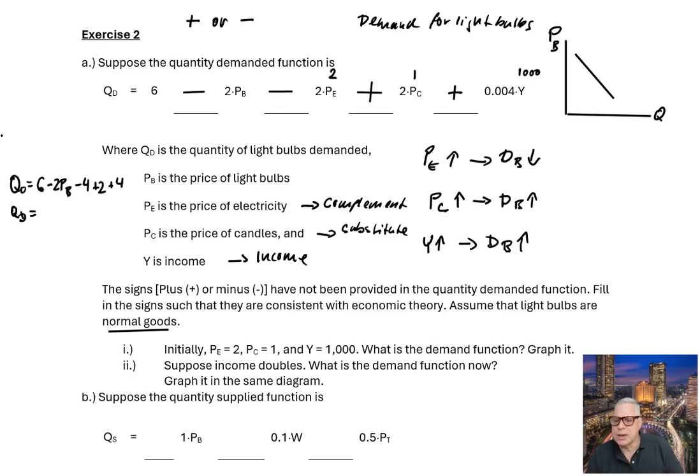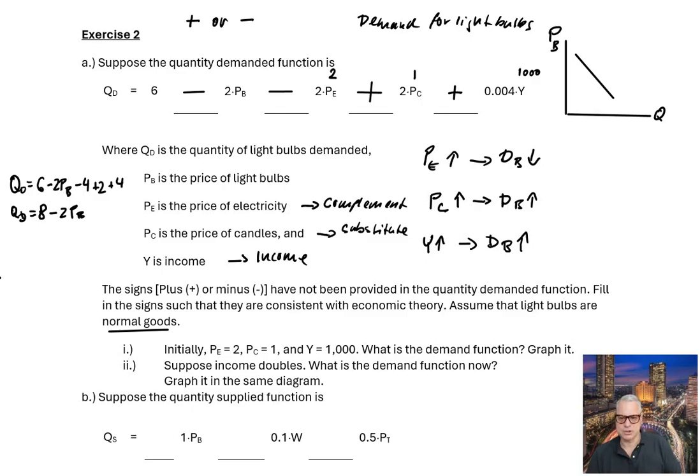Okay, so when we collect terms, we get 8 minus 2 times PB. So that is our demand function.